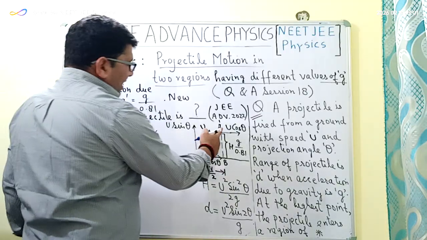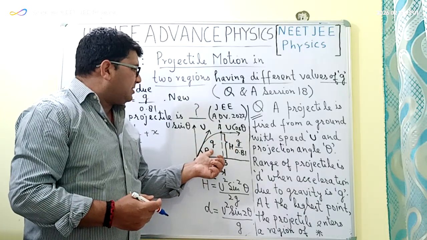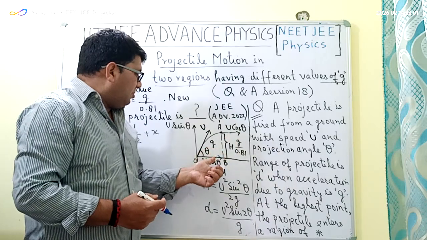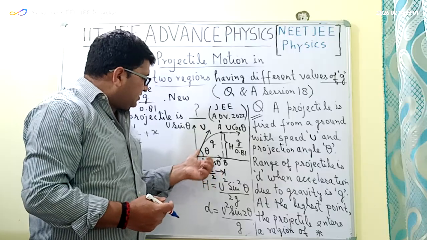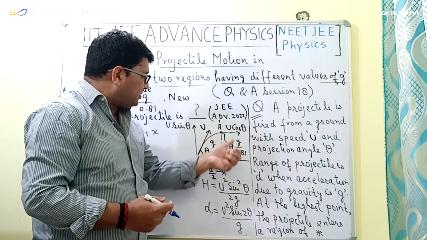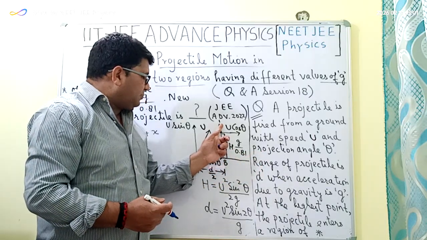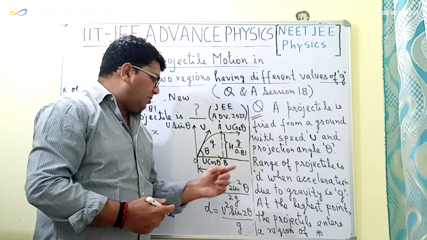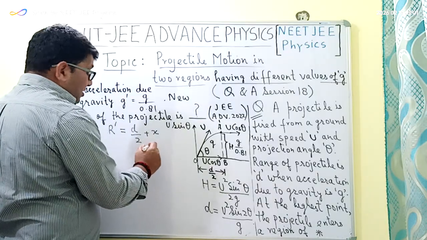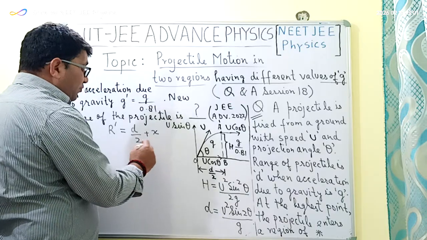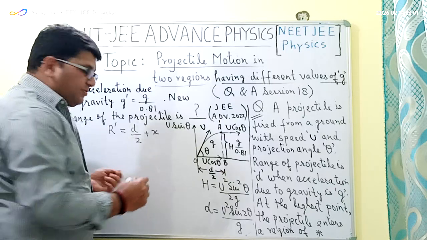At the highest point, the vertical component of the initial speed will be equal to 0, and the horizontal component, u cos theta, will remain the same throughout the projectile motion. So by using the equation of motion for a straight line, s is equal to ut plus half g t square.